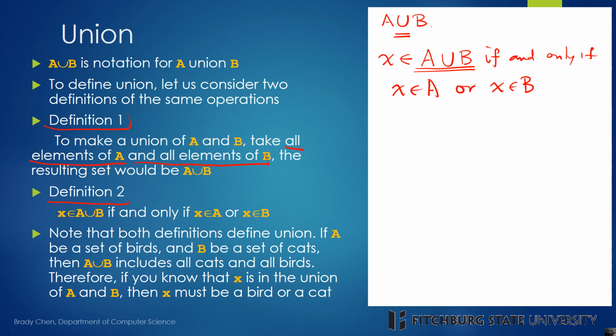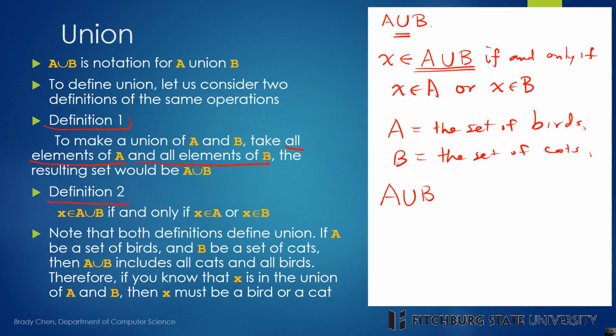Now let's take a look at an example, using the example of the previous slide. If A is the set of birds and B is the set of cats, what is A union B?